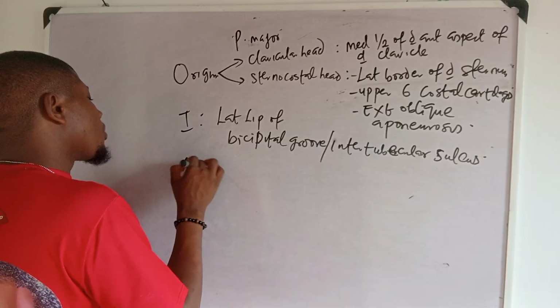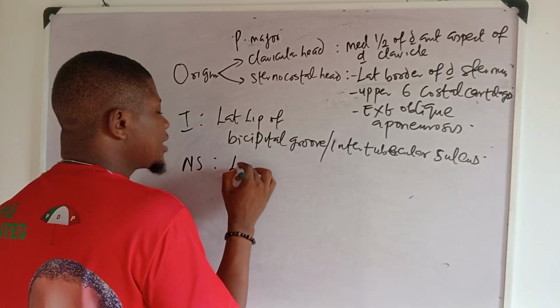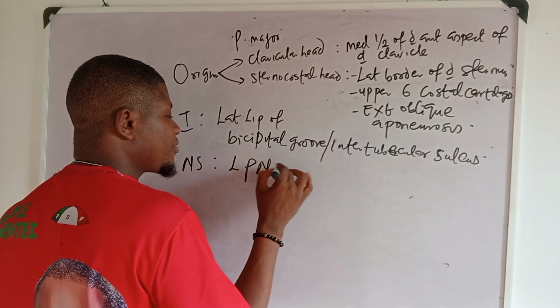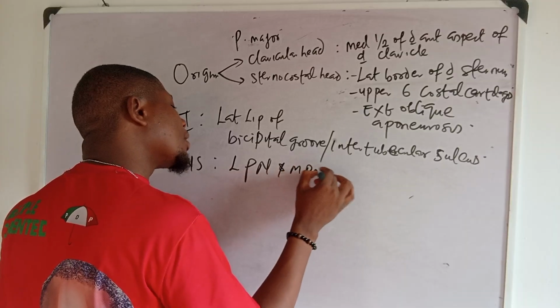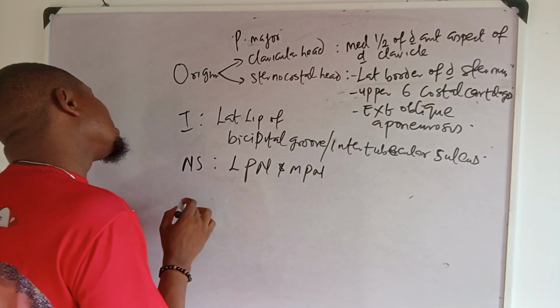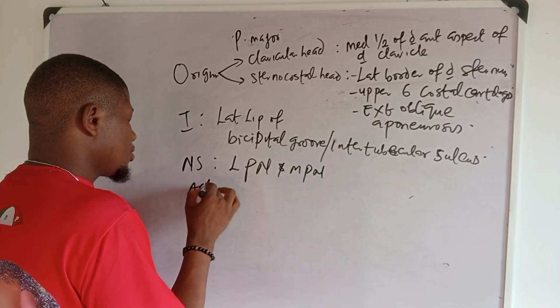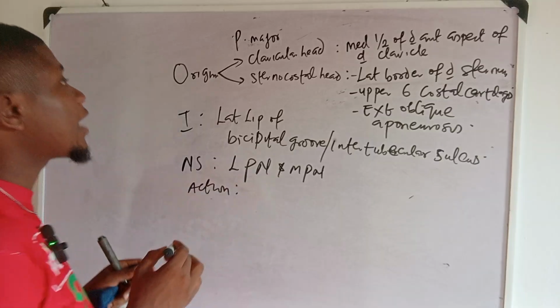Okay, then nerve supply. You should know, we said this in the brachial plexus: lateral pectoral nerve and medial pectoral nerve. Then the next thing is action.